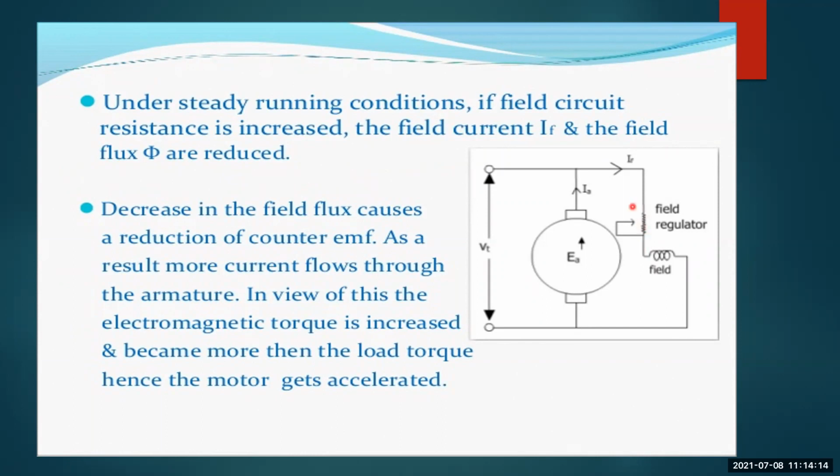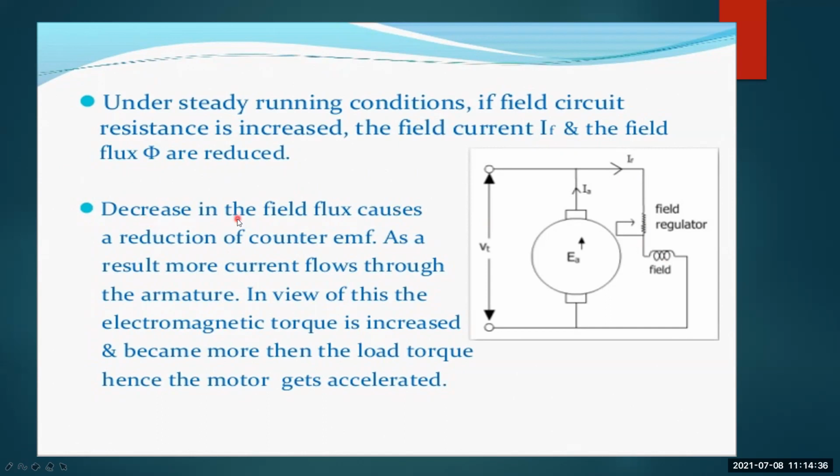That's why the current is not flowing through the field winding. So if you are increasing the resistance, the field current IF and the field flux ψ are also reduced.